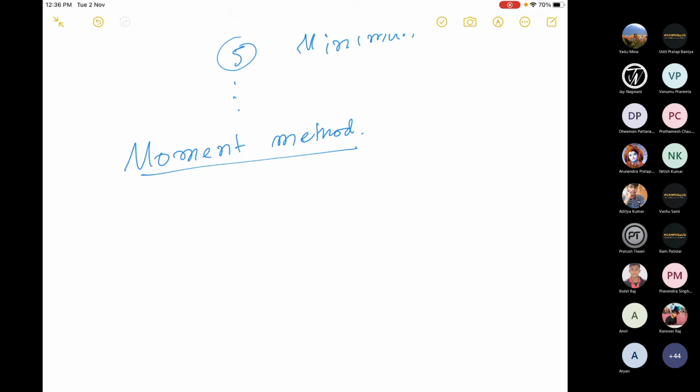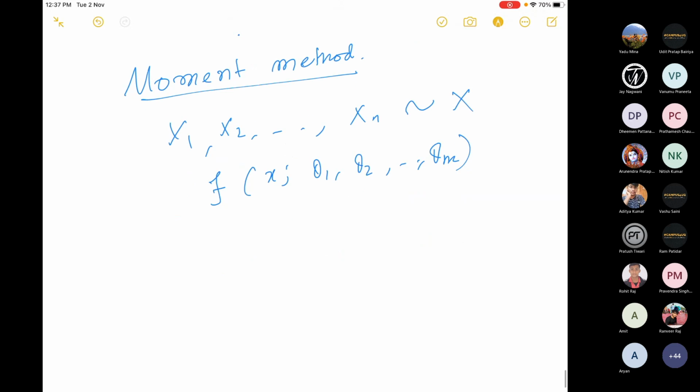It says that if X1, X2, ..., Xn is a random sample from X, then there is something called the density function of the sample. You can say f(x, theta1, theta2, ..., thetam), suppose there are m parameters. We are doing it in general.